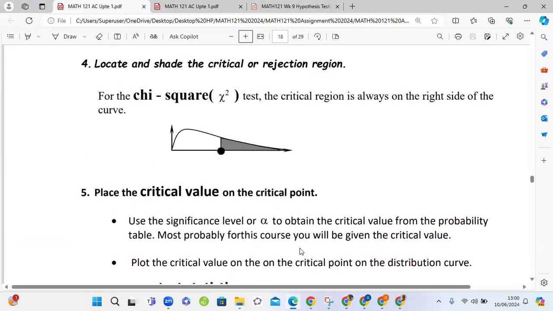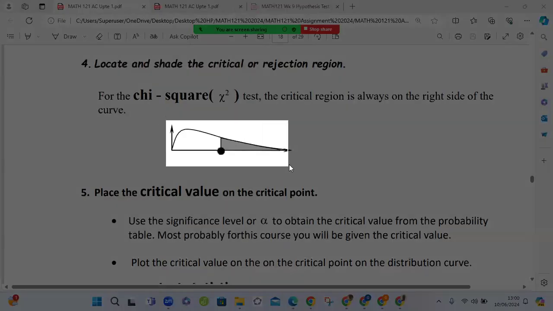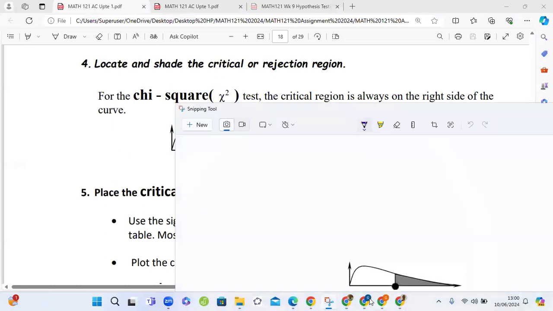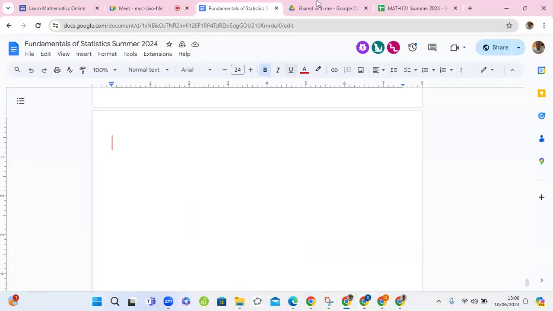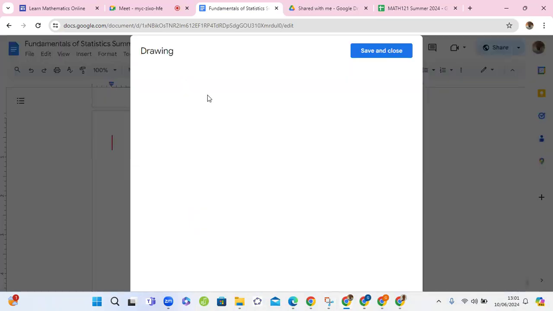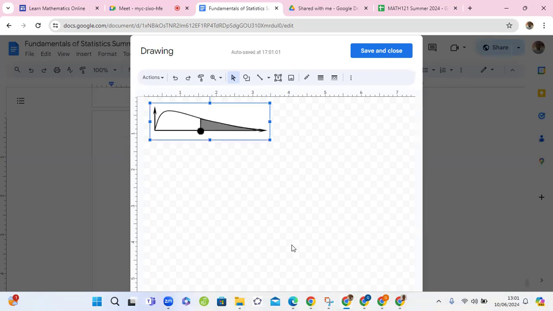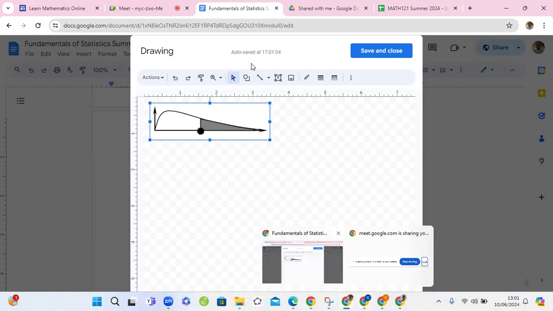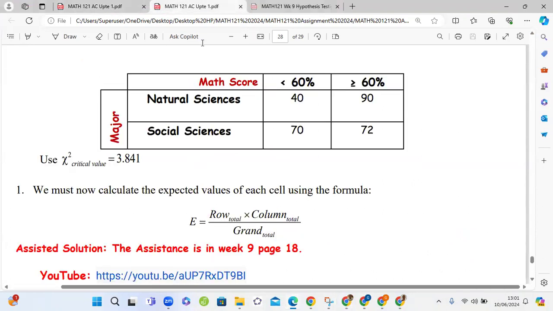As always, it's a right tail. Steps number 4, 5, and 6. The critical value is needed. The critical value is 3.841.